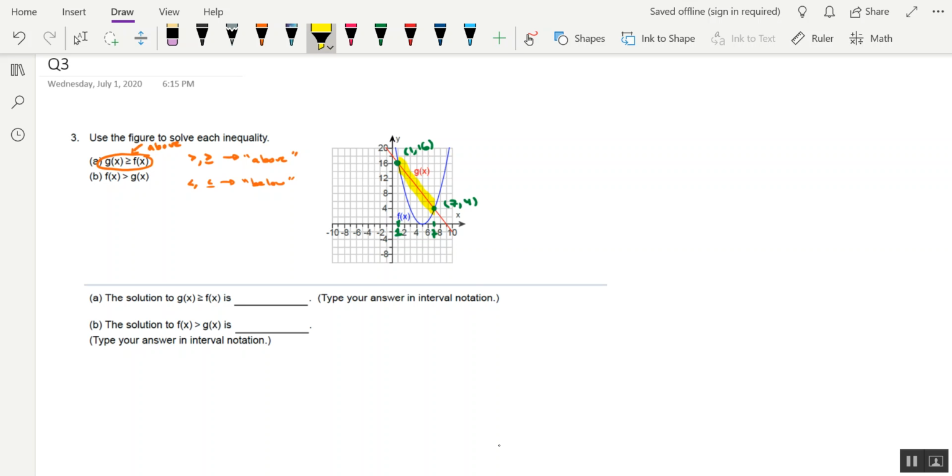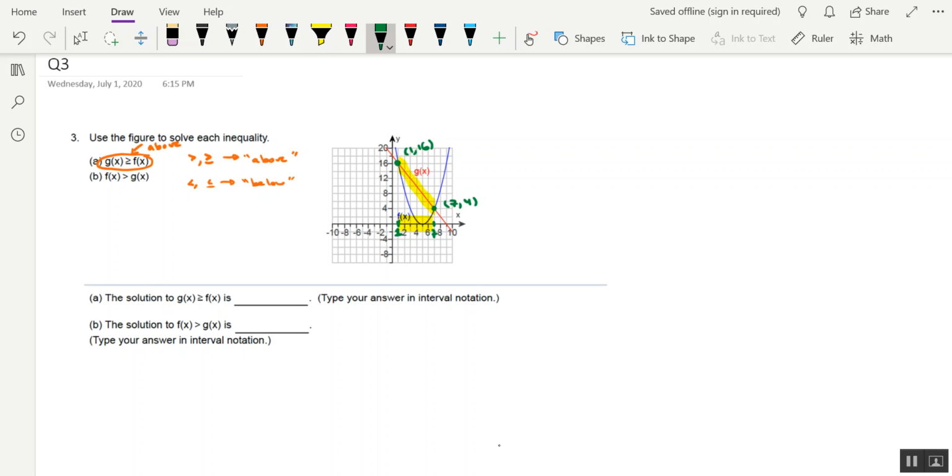So that would be the piece to focus on for part A. And in terms of writing the solution, we want to figure out what values of x correspond to that. And the values of x that correspond to that piece of the graph of g of x are exactly those between 1 and 7.